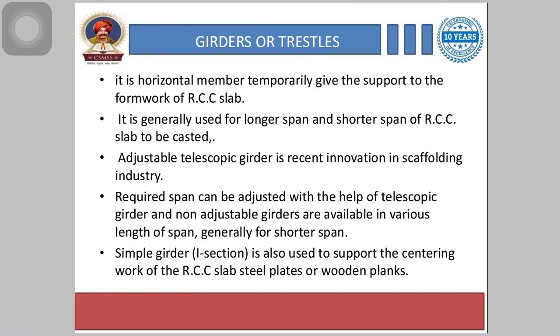Next are girders or trestles. A girder is a horizontal member that temporarily gives support to the formwork of an RCC slab. It is generally used for longer slabs and shorter spans of RCC slab to be cast. Adjustable telescopic girder is a recent innovation in the scaffolding industry.